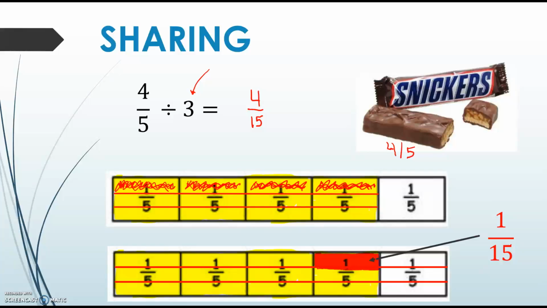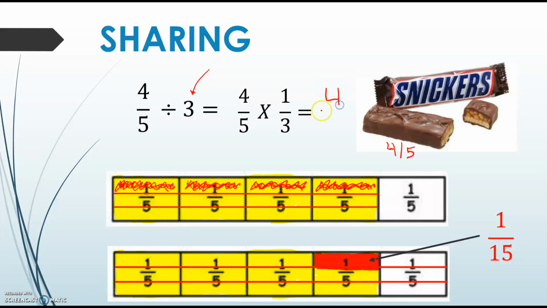So when we do this, maybe you're remembering this looks a little familiar, like our brownie pan model, where when we really are sharing among 3 people, it's the same thing as taking 1/3 of it. So you can think of that as 4/5 times 1/3.